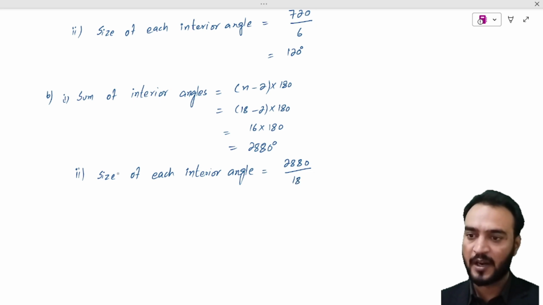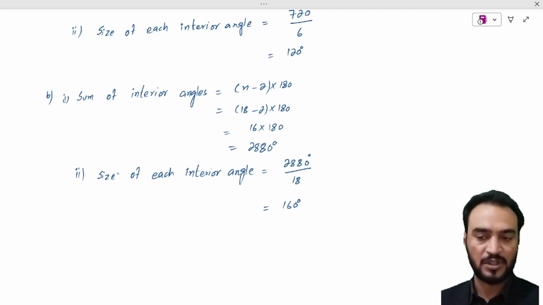Because this polygon has 18 sides, we divide the sum of interior angles by the number of sides to get the size of each interior angle. This becomes 160 degrees after dividing 2880 by 18. So each interior angle of an 18-sided polygon is 160 degrees.